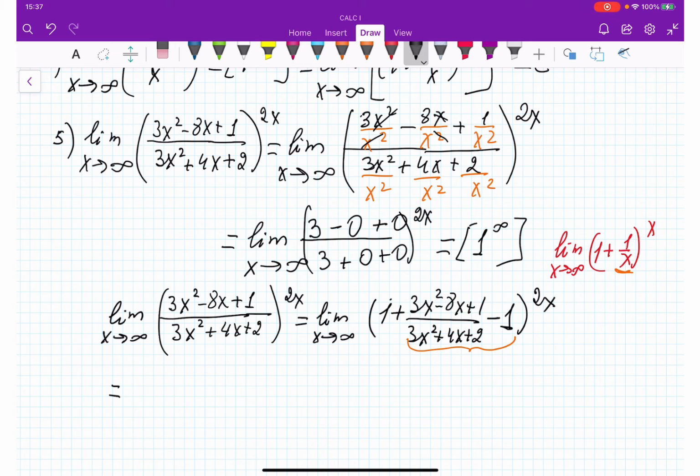So we will get limit as x approaches infinity. We are getting 1 plus, well, okay, let's do it, not to give you a hard time: 3x squared plus 4x plus 2. I'm bringing to a common denominator. In the numerator, I will have 3x squared minus 8x plus 1.